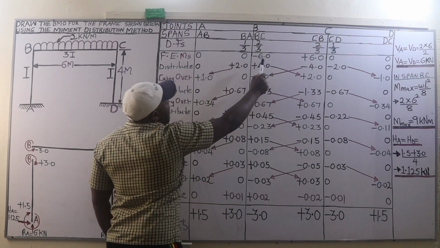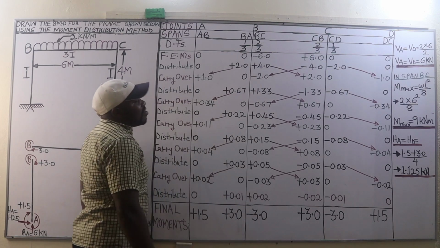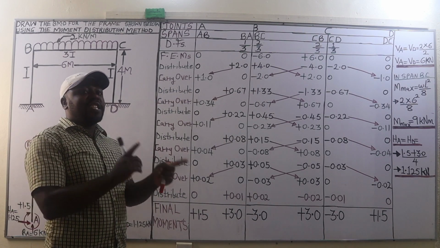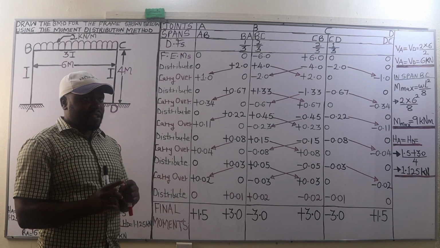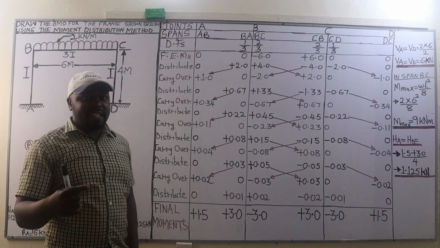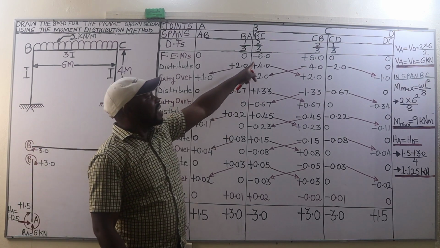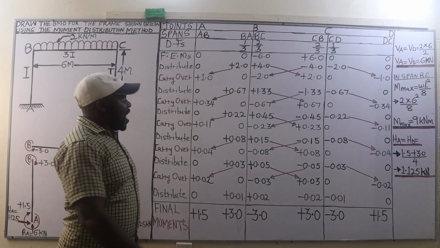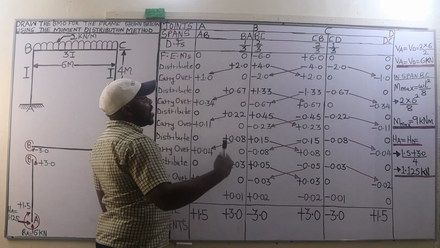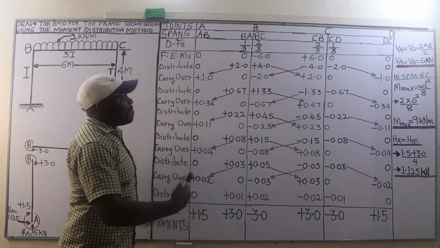On member BC we got -6.0 kN/m. So we have an excess moment of +6. Remember that when we are determining the excess moment, we usually change the sign of the moment under consideration. So in this case, -6.0 will change to +6.0.